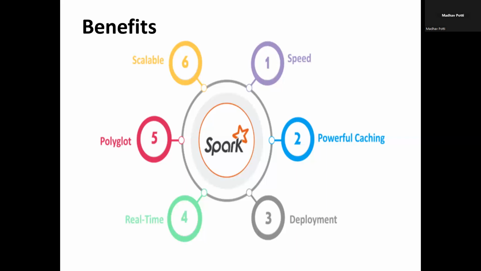Any OTT platform you take, for example, Zee5 is also broadcasting some of the matches. You would have seen in a day 1 crore, 2 crores people are watching live. How is it possible? With the help of the Spark engine. That's powerful.